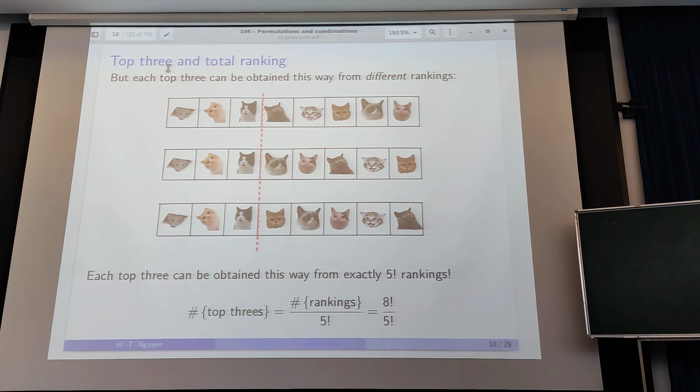Okay, and if you develop this product, then you get the same result, because this is equal to 8 times 7 times 6 times 5, 4, 3, 2, 1, divided by, below, 5 times 4 times 3 times 2 times 1, and you can simplify the common factor here, and you get exactly the same result as we have previously found.